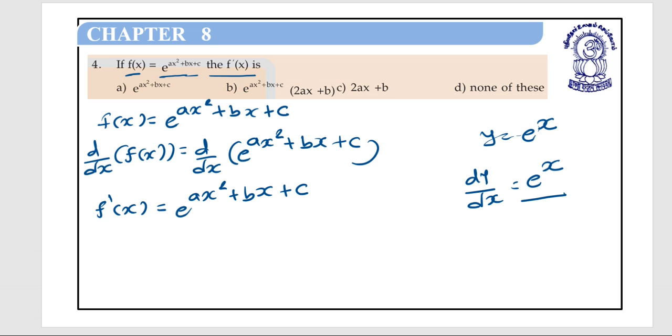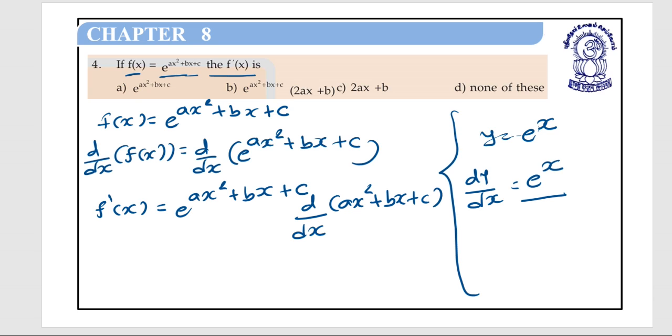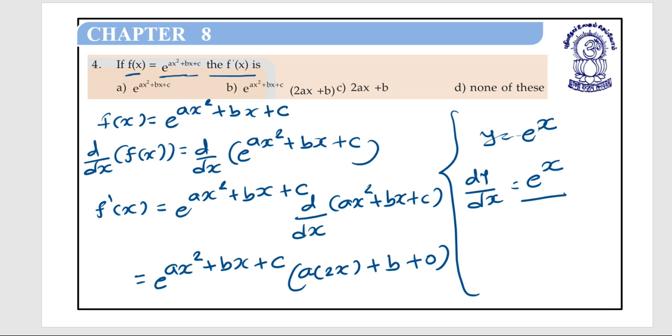But this is not the standard form. So using chain rule, d by dx of ax square plus bx plus c. So e raised to ax square plus bx plus c, d by dx of a constant x square is 2x, plus b, c is 0.